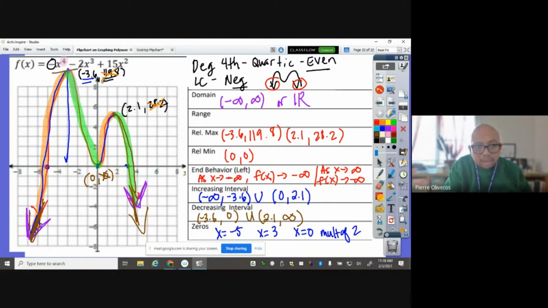The highest point is this one, which is the y value of your relative max, the absolute max. So you start from the bottom, from -infinity up to 119.8, bracket. Okay, and that's how you find the polynomial function and its characteristics. And as always, kaboom.